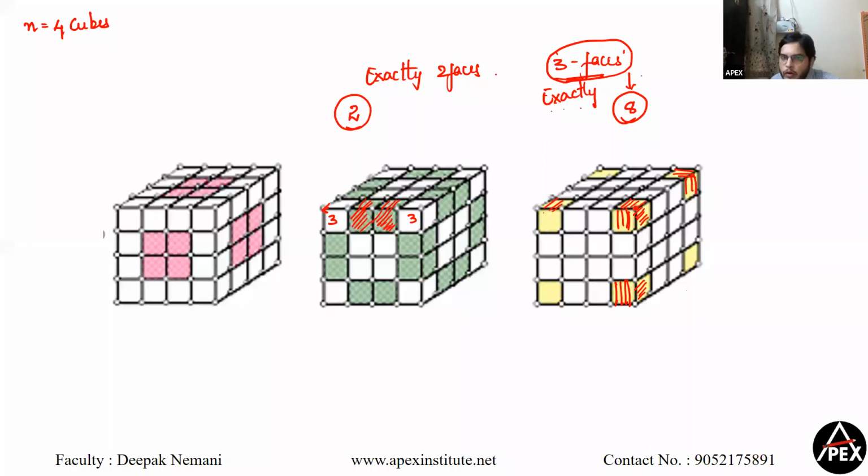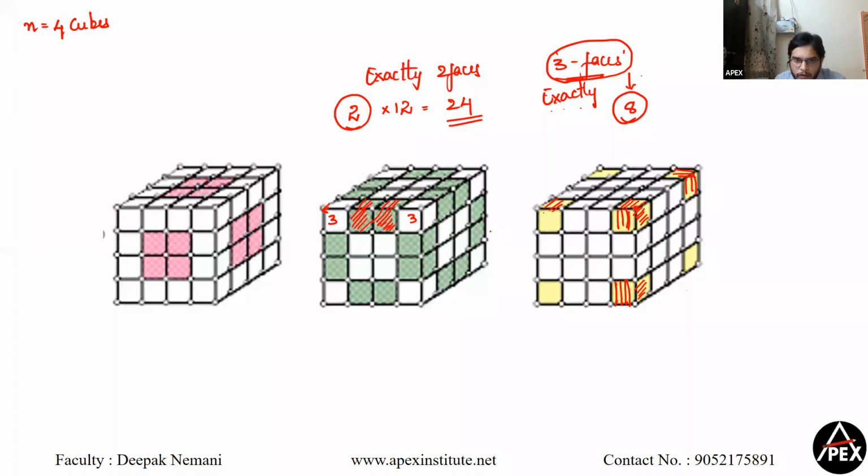Now how many edges do we have in a cube? Each edge is having two cubes, so 2 into 12, 24. So we will be having 24 cubes which will have exactly 2 faces painted.